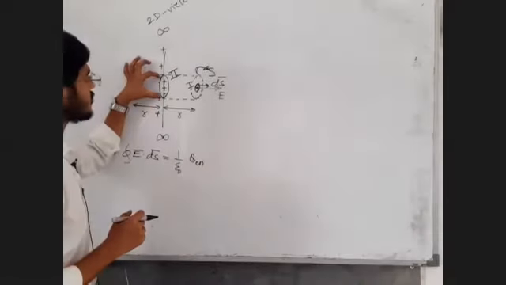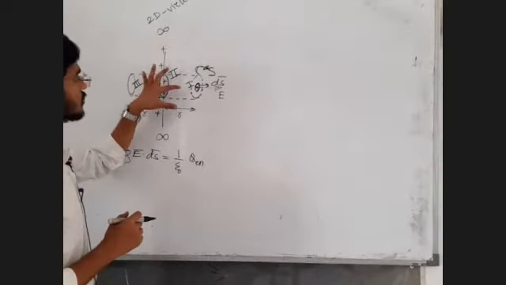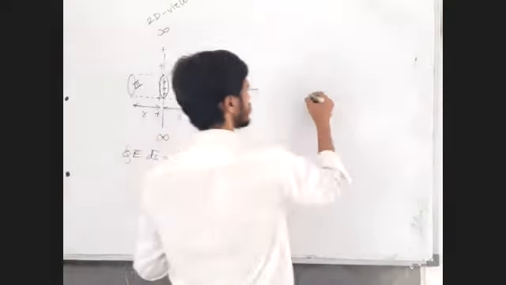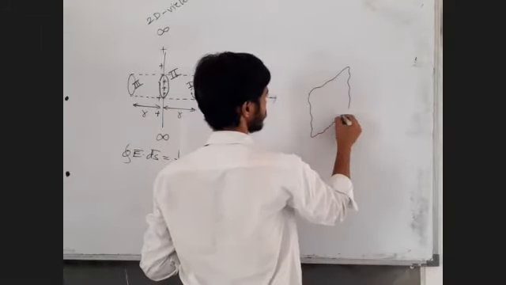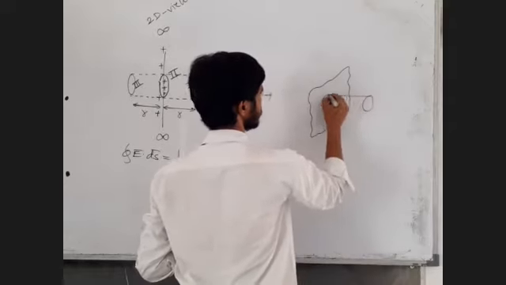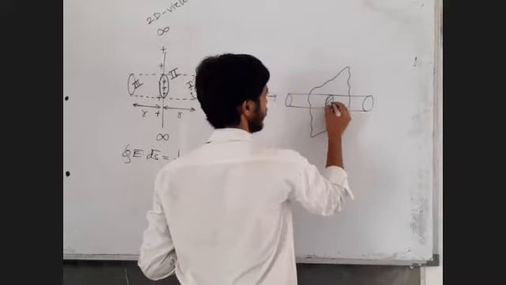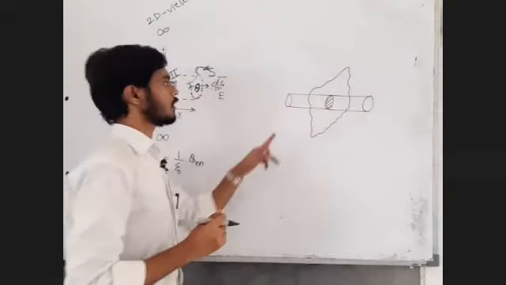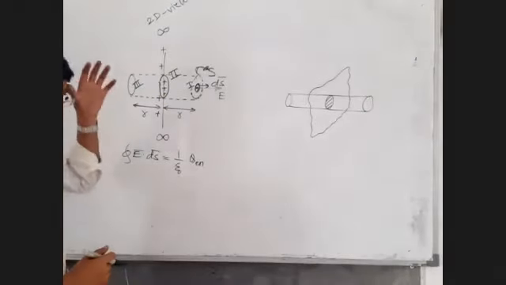This much circle of that entire sheet is enclosed in our Gaussian surface. In three-dimensional view, you can observe it like this. This sheet is enclosed in your Gaussian surface. Try to understand.